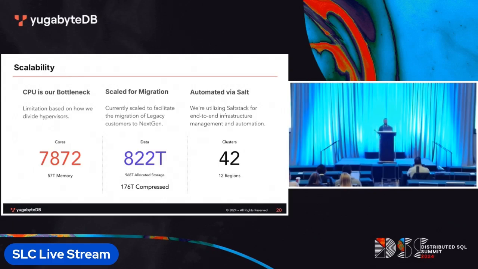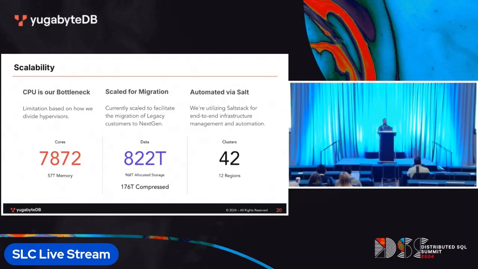Today, we're nearing a petabyte replicated worth of data across these clusters. So we're at 822 terabytes globally. And one key aspect that I didn't mention that's super important is compression. So the 822 uncompressed ends up being 176 compressed. So that's a pretty impressive stat.